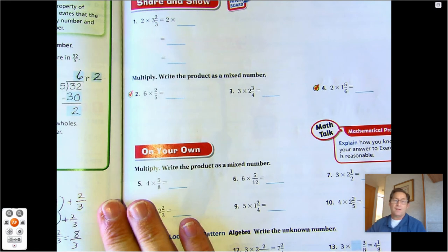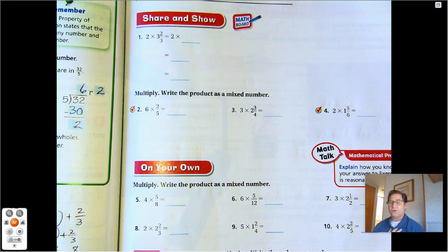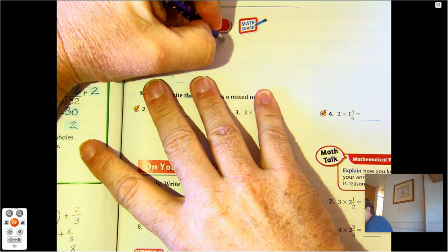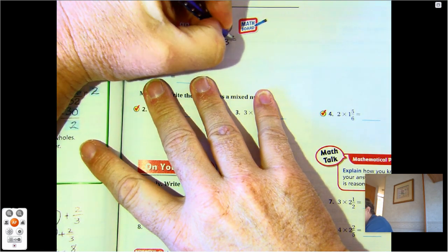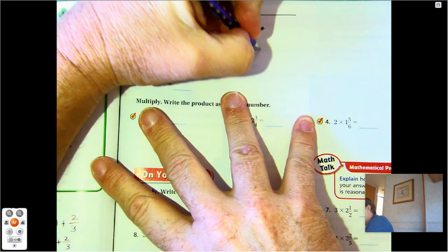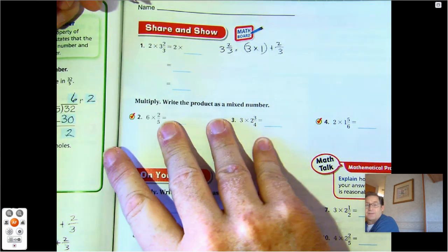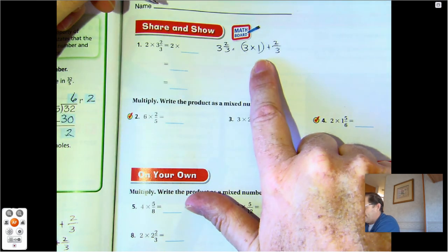Number 1, 2 times 3 and 2/3. So we need to change 3 and 2/3 into a fraction. 3 and 2/3 is the same as saying 3 times 1 plus 2/3. How can I rename the 1?